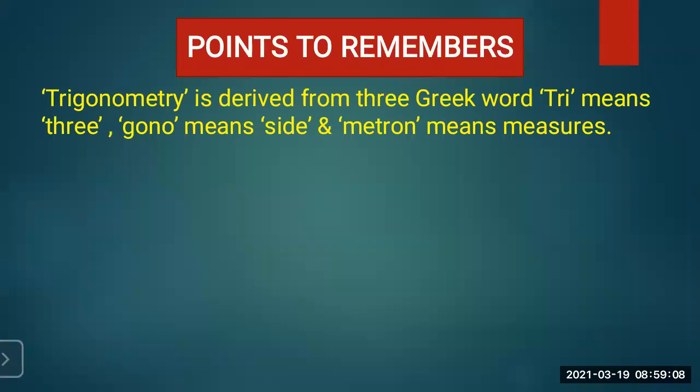The word trigonometry is derived from three Greek words: tri means three, guna means sides, and metron means measures. So all these three Greek words are how the name trigonometry came into existence.